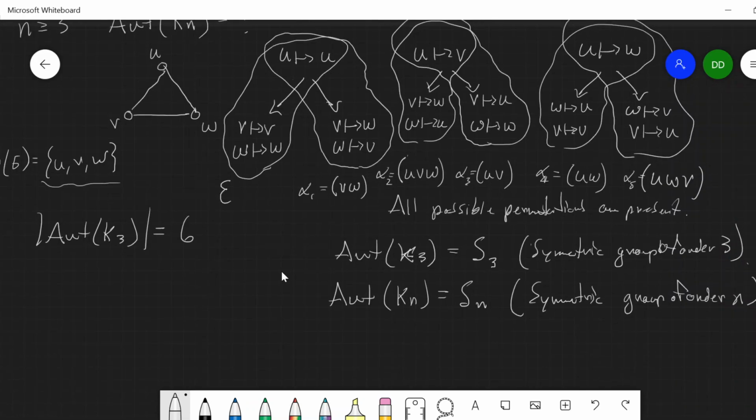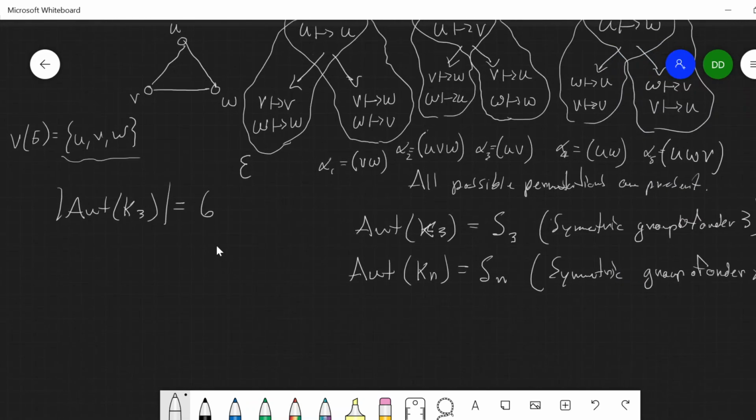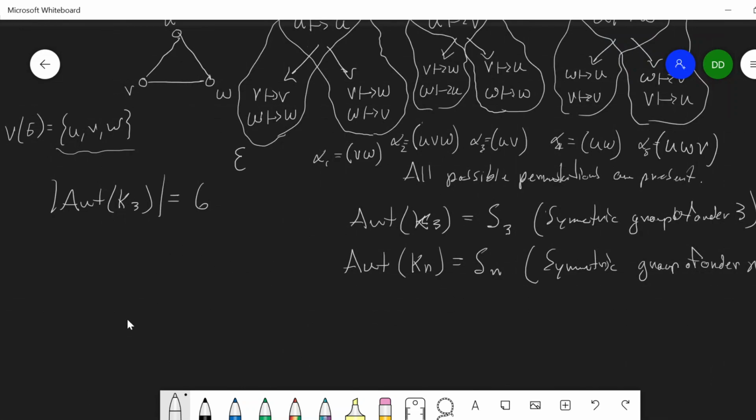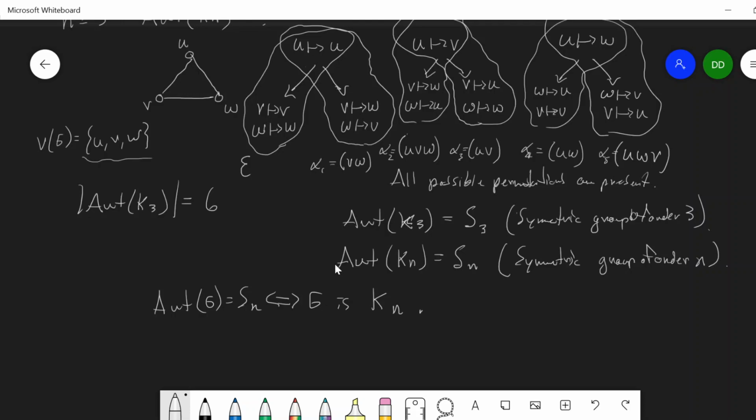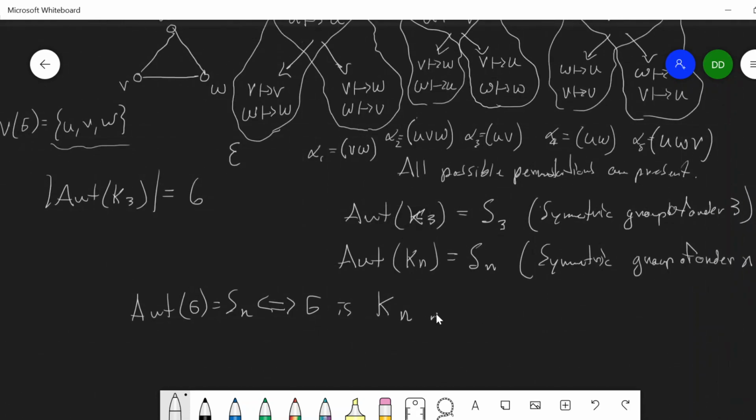And in fact, we can say a little bit more. We'll see this in a later theorem, that if G is a graph such that the automorphism group of G is equal to Sn, this is true if and only if G is Kn, or the empty graph, the complement of Kn.